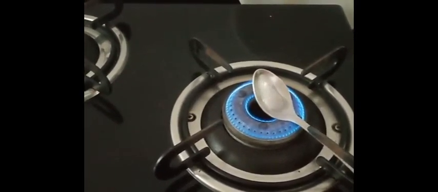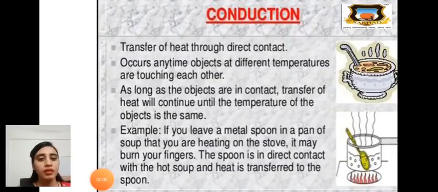Understood? So conduction means transfer of heat through direct contact, or it occurs any time objects at different temperatures are touching each other. As long as objects are in contact, the heat transfer will continue until the temperature of the objects is the same.